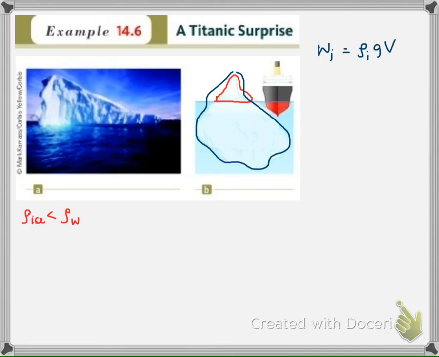And since we see the iceberg float in the water, it means that the weight of the iceberg must be equal to the buoyant force from the water exerted on the iceberg, which is equal to the density of the water times the gravitational acceleration times the volume of the iceberg under the water.